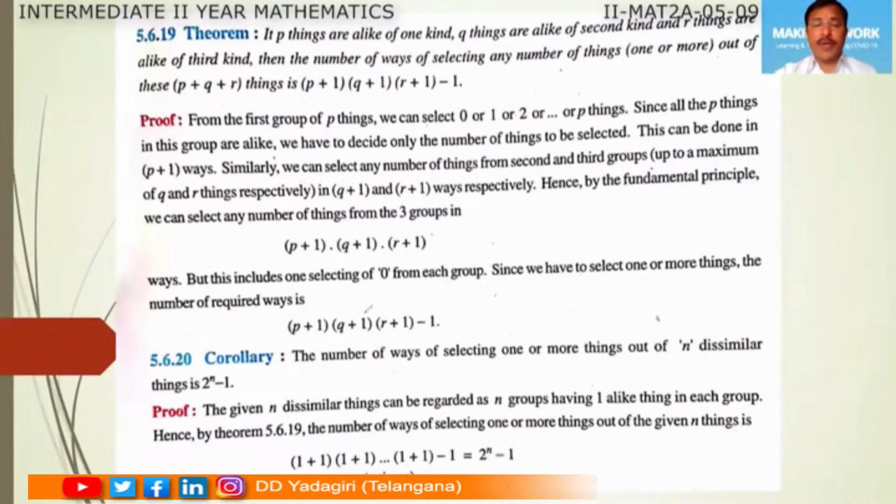Note, here, take P is equal to Q is equal to R is equal to 1. If P is equal to Q is equal to R is equal to 1, this implies P plus Q plus R is equal to what? 3. These three are different elements.